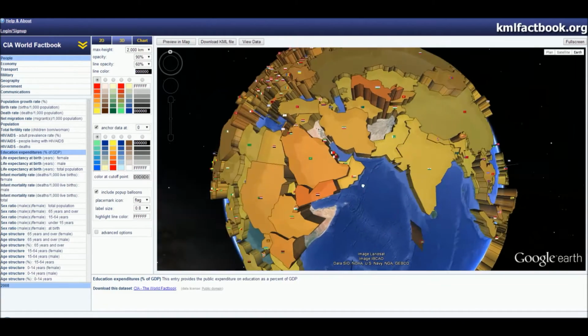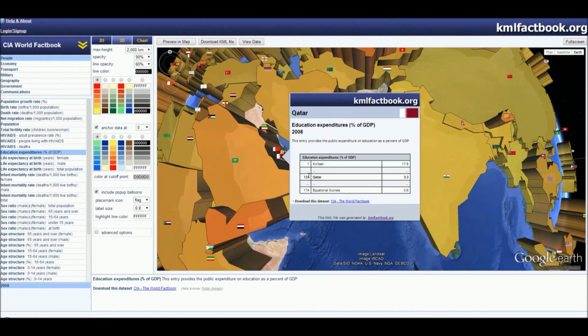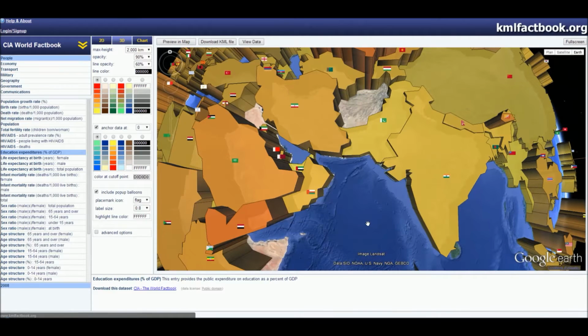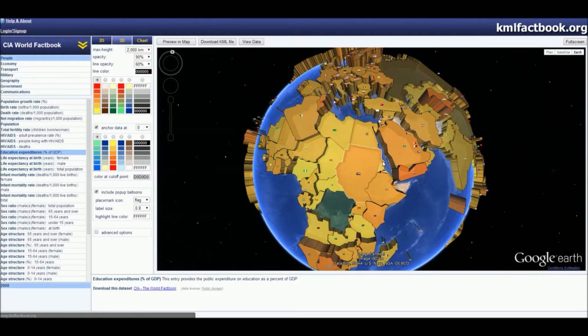But look, actually, Qatar is in 131st place with 3.3%. As you may know, education in Qatar is not very good. Women very often leave school at a very young age, and yes, they might have a high GDP. I thought that with a high GDP you would put loads of money into school, but as you can see, it's not the case everywhere.